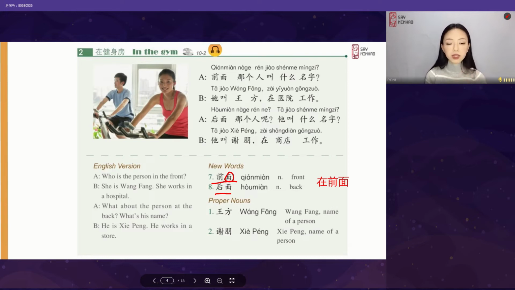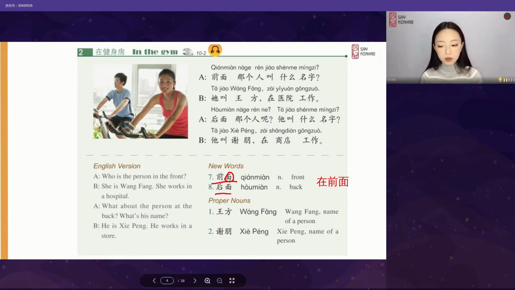We need that, which is 在. So 他在. And the location, the direction is my front. So let's put the direction at the last, which is 我前面. So this sentence is 他在我前面. The subject, the verb, and the location.